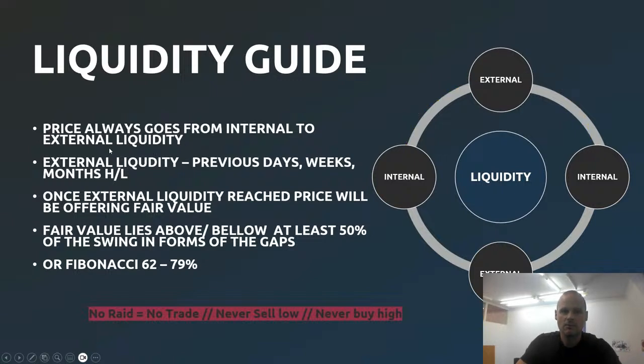External liquidity is previous day's highs, weeks', months' highs and lows, which I will show you in the platform. And once the external liquidity is reached, price will be offering fair value in the gaps, and fair value lies above or below at least 50% of these swings, right? Or between 69 to 79, right?